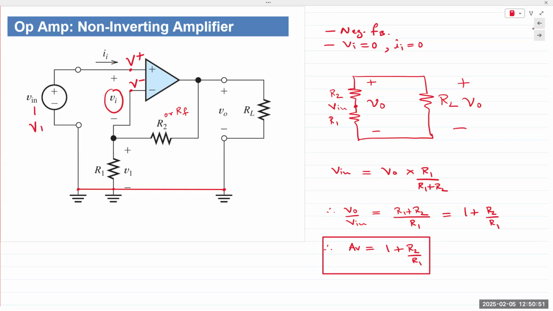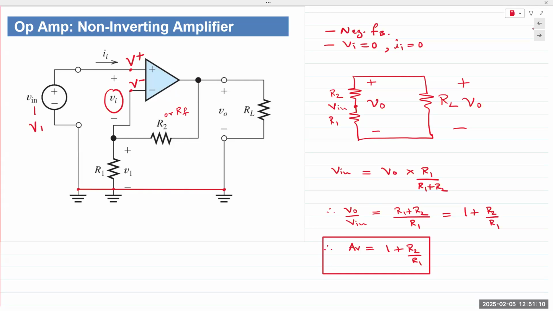We're applying V in to the non-inverting terminal. Due to the virtual short concept, we can state that the voltage at the non-inverting terminal is the same as the inverting terminal. The inverting terminal has a resistor R1 connected to ground.